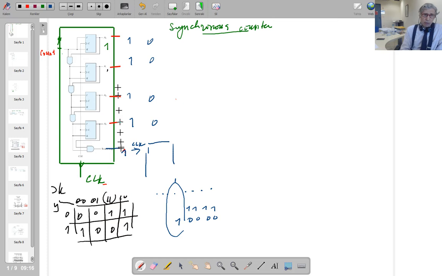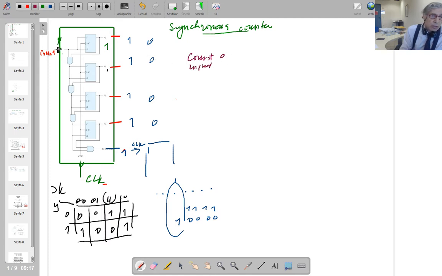So we've got 4 outputs. Our inputs are clock and count. Let's examine what this does when the count input is 0. Let me write it in this color. Count input 0.